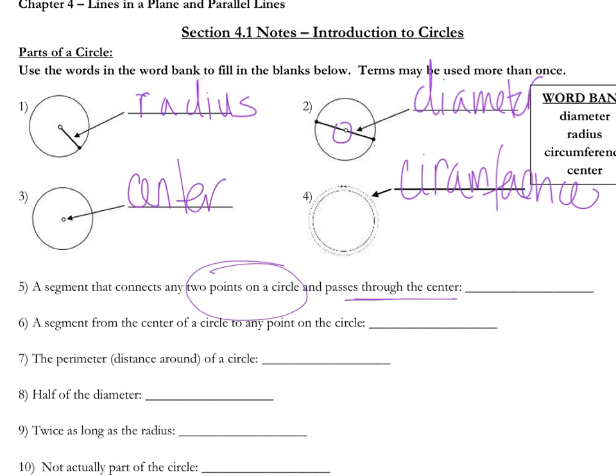So that is going to be the diameter. A segment from the center of a circle to any point on the circle is known as the radius. And the perimeter, like I was just mentioning, around the circle is the circumference.